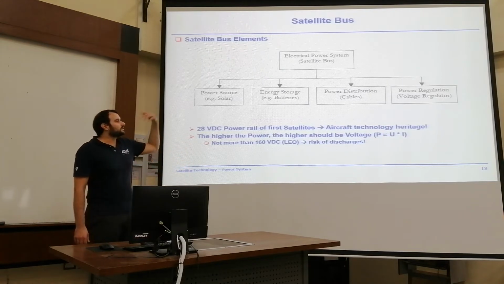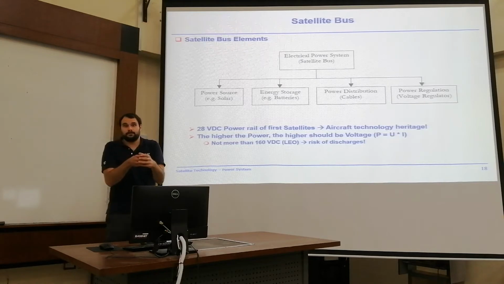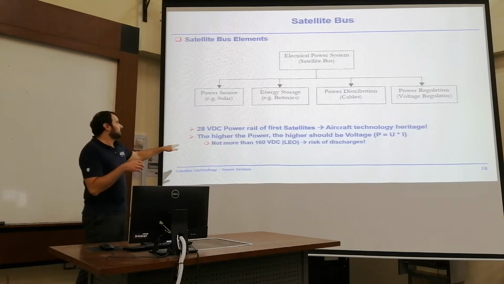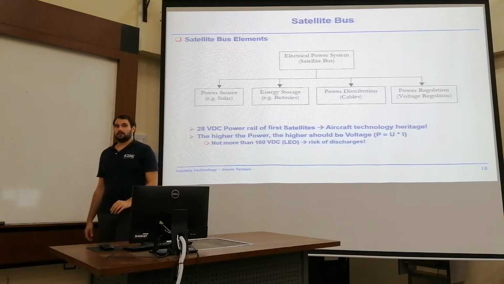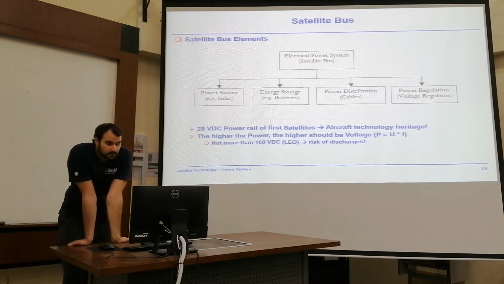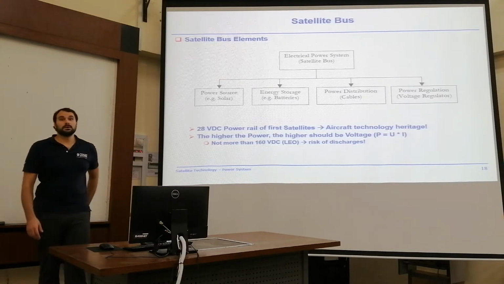We need to increase the voltage for the same amount of power. However, we shouldn't do that above 160 volts direct voltage, because then we have a very high risk of discharges. We could have an arc that destroys our solar cell.